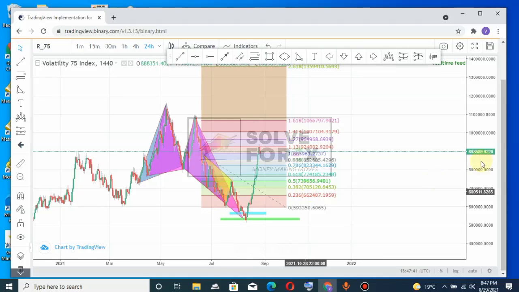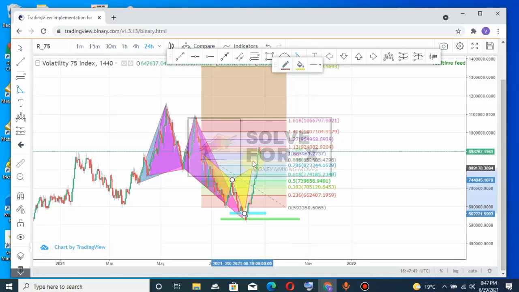So you take your second triangle from this point to 113, which you made a shade there, and it goes all the way to 886. 886 is your D point if it's your shark or your bat, but you can see 886 was broken. If it breaks 886, it goes to where? To 113. There are two D points of a shark pattern: 886 and 113.